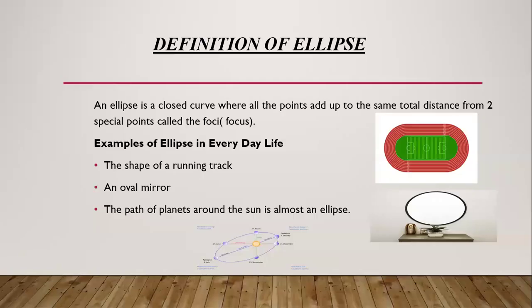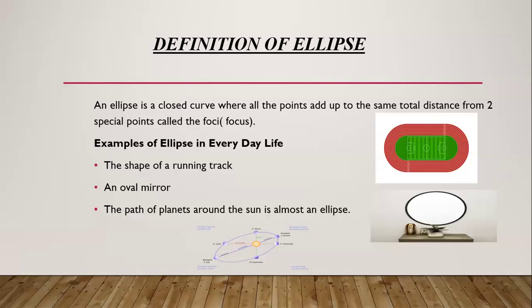So, what is an ellipse? An ellipse is a closed curve where all the points add up to the same total distance from two special points called the foci. I hope I pronounced that correct, or in other words, we call it the focus.